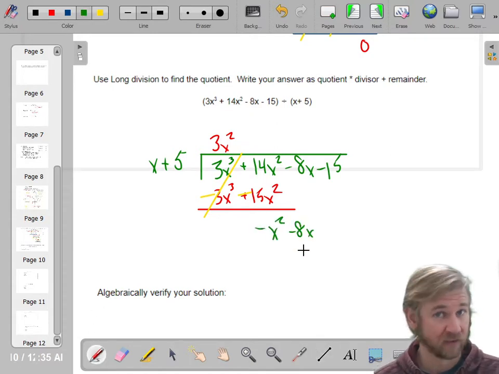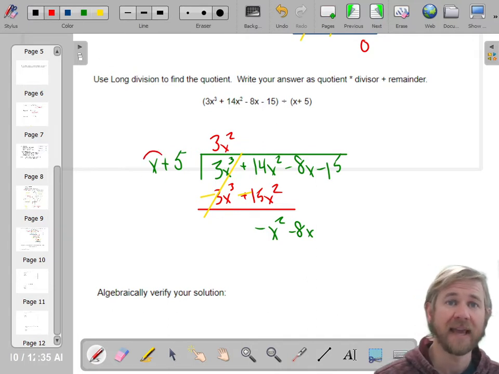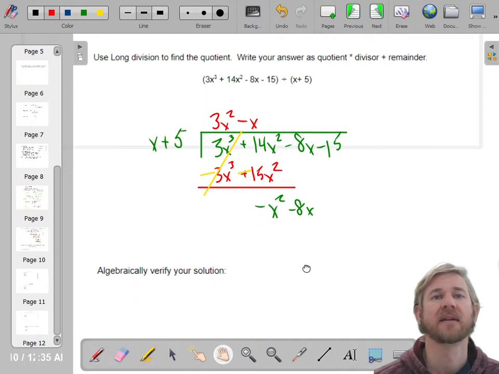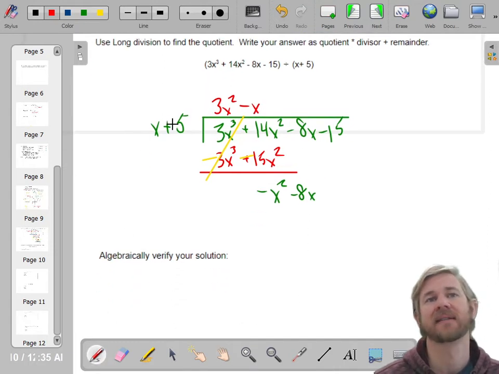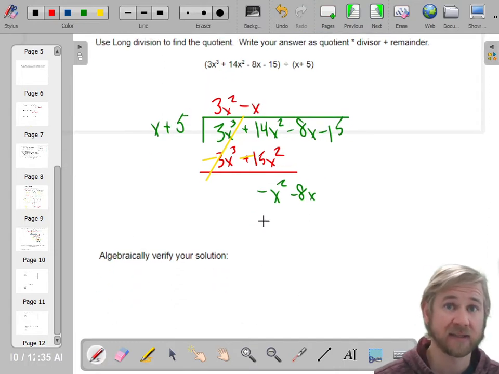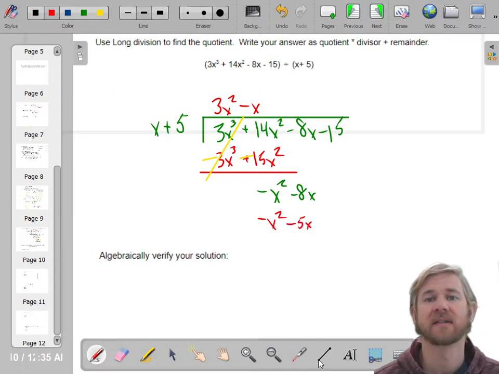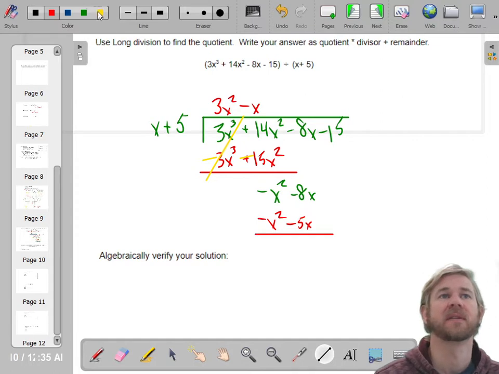Bring down the 8x. Do it again. x times what gives you negative x squared? Negative x. Distribute a negative x. Negative x times x is negative x squared. And negative x times 5 is negative 5x, which will then get flipped. Plus, plus, cancel.